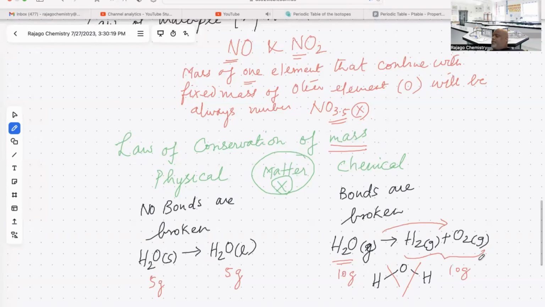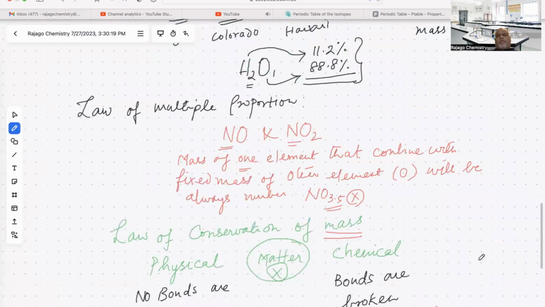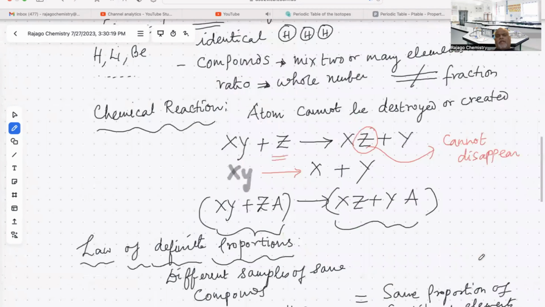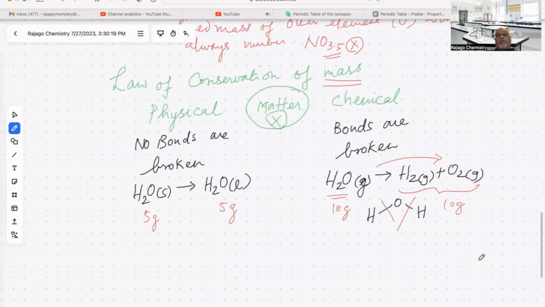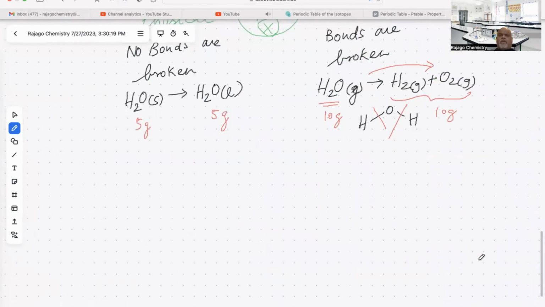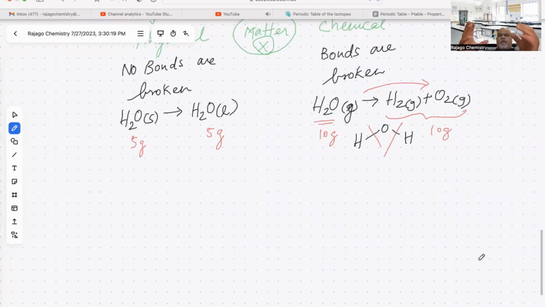So in the earlier things, initially they talked about elements and how atoms reacted, how elements combine to form compounds.